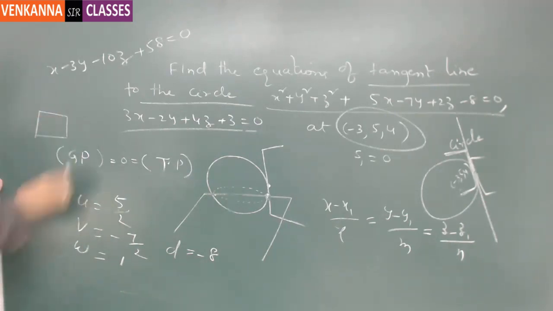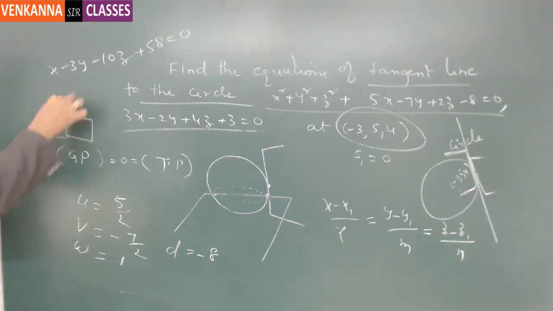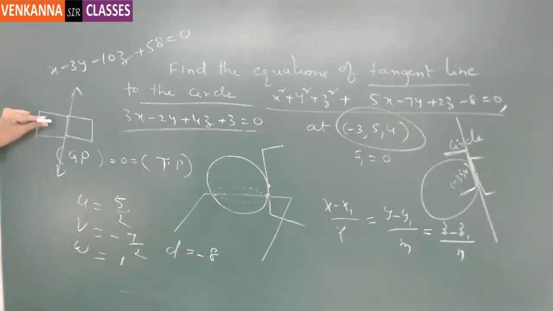Because if you say that this is one plane and this is the other plane, so this is the line of intersection, then the normal to the plane is always perpendicular to this line.